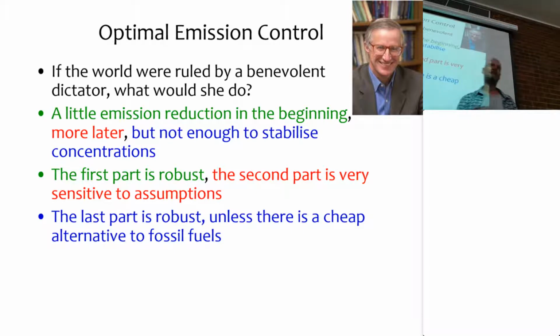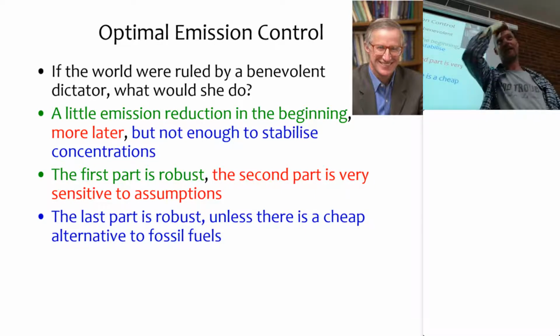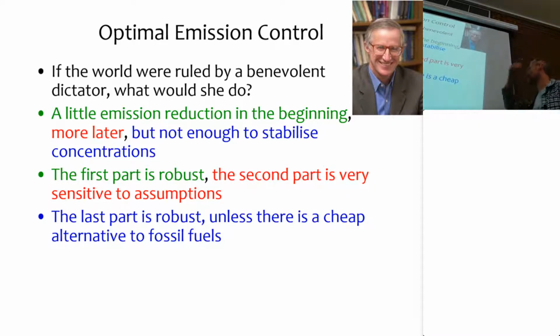The first part of this conclusion is robust. It doesn't matter how you turn your analysis and how you parameterize your analysis, what sort of assumptions you make. You always want to start with a little bit of a carbon tax, a modest carbon tax. And the reason for that is very simple. That is that emissions in the short run are set in stone, right?